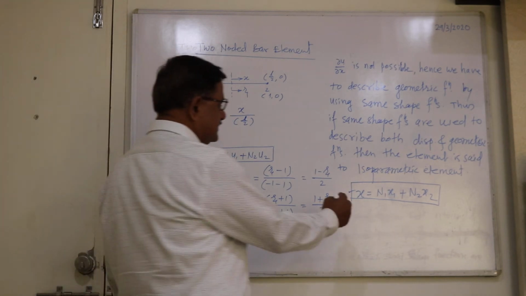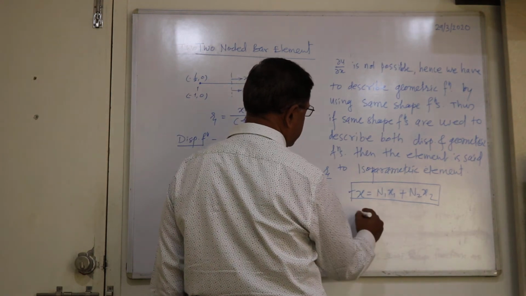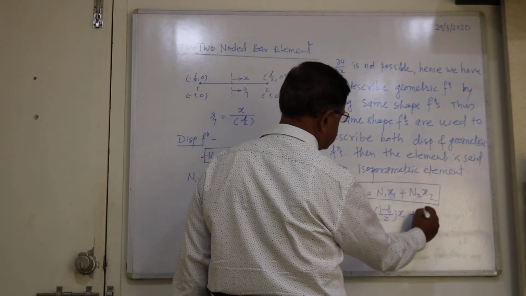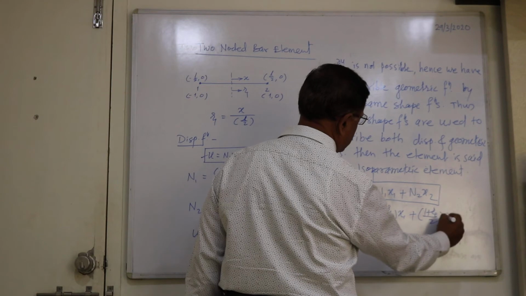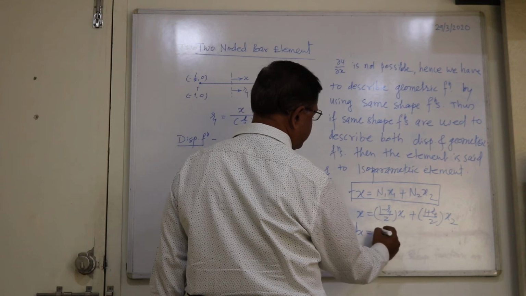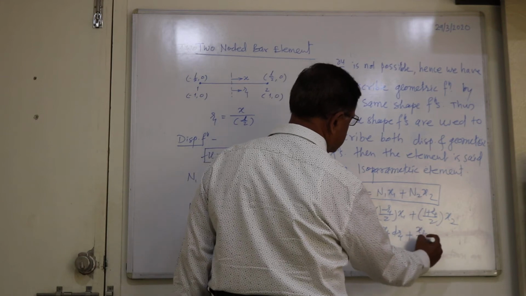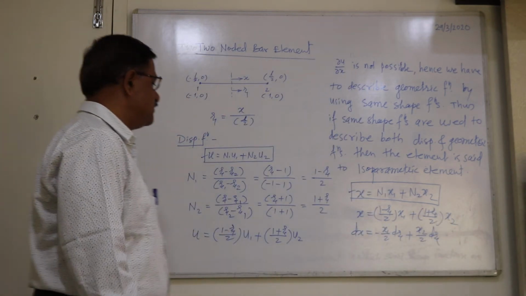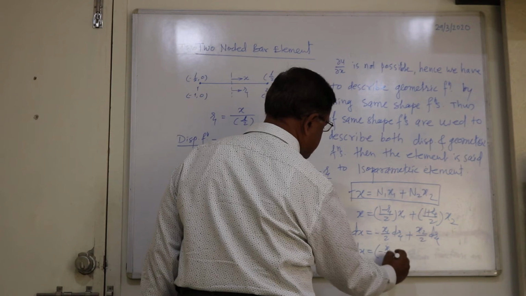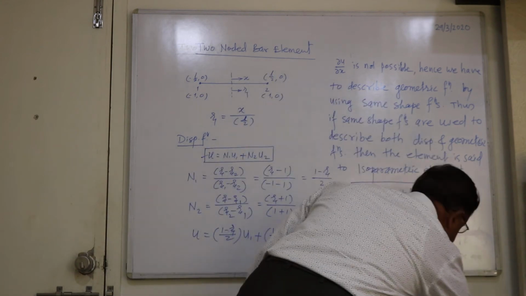Now here, differentiating both sides, we calculate dx. Let's substitute N1 and N2. X is equal to 1 minus xi by 2 x1 plus 1 plus xi upon 2 x2. Now differentiating, dx is equal to minus x1 by 2 dxi plus x2 by 2 dxi. Let's take dxi common, so this becomes minus x1 by 2 plus x2 by 2, times dxi.